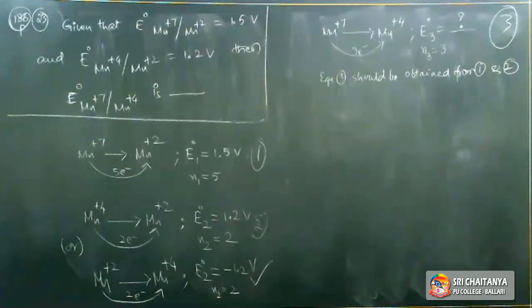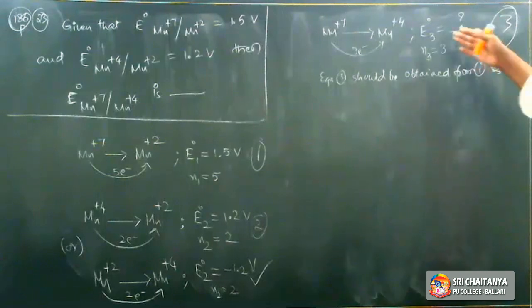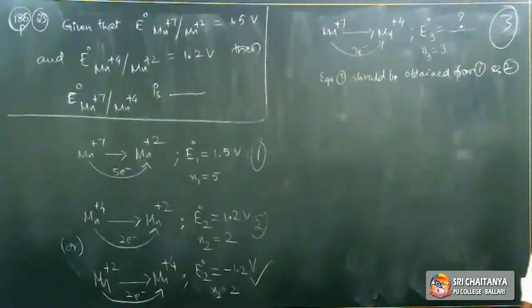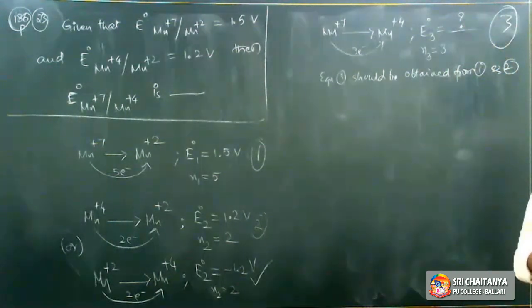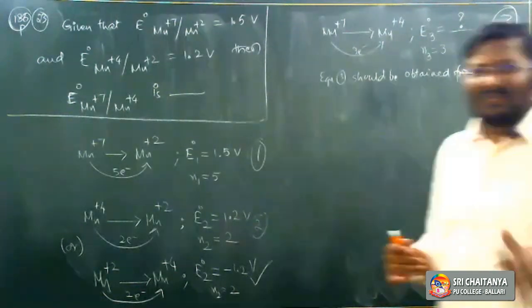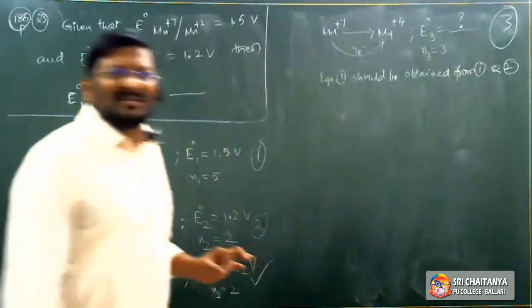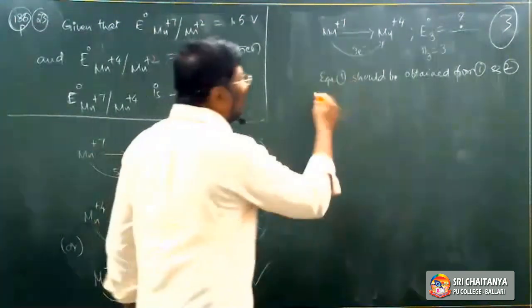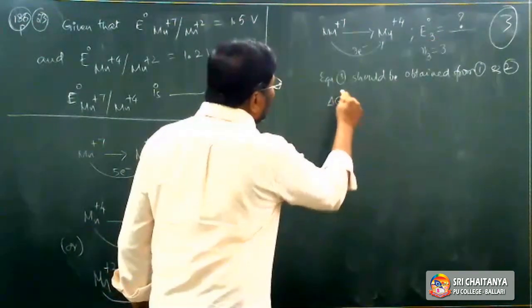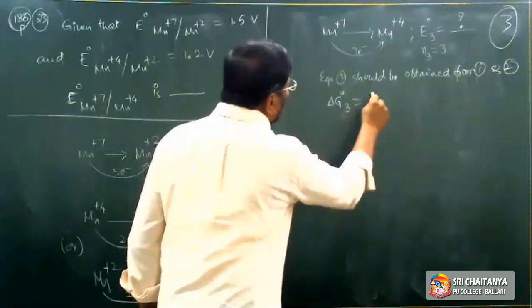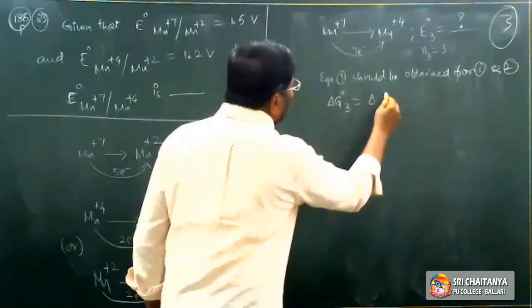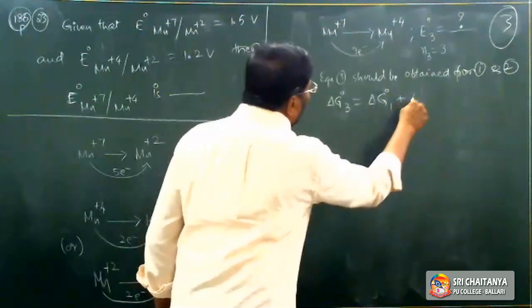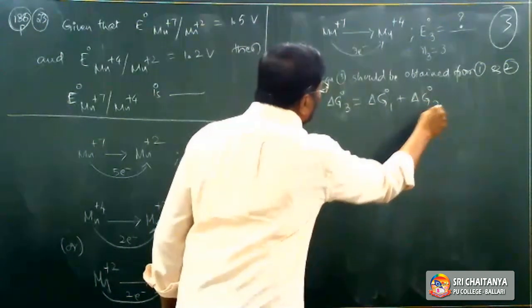See one thing now here. Simply as such, the electrode potentials we should not add here. That is because delta G0 3 is equal to delta G0 1 plus delta G0 2.